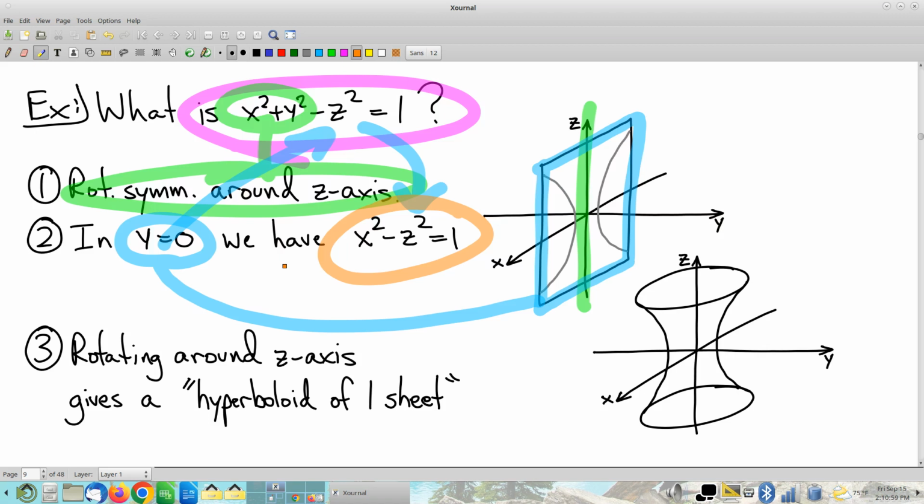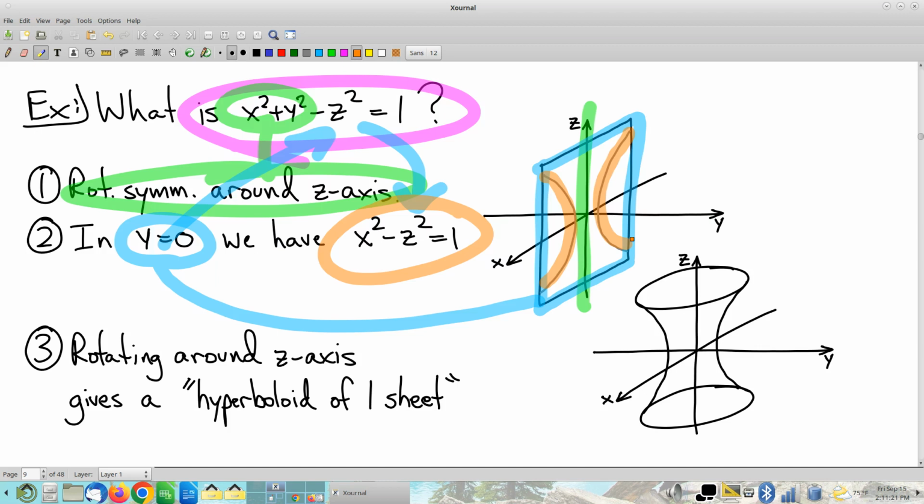I hope y'all remember your high school algebra. They called it Algebra 2 when I was in high school. I don't know if they still use that name, but the advanced high school algebra, I guess you'd call it. That's a hyperbola, right? And it's this hyperbola right here, like that. So again, rotationally symmetric. I have a cross section.